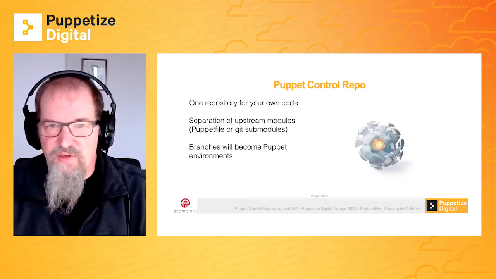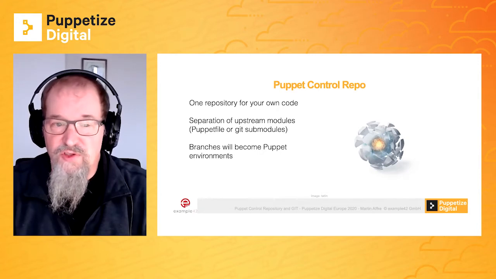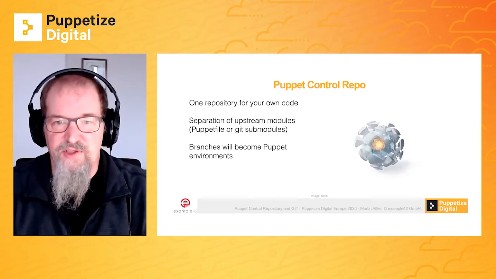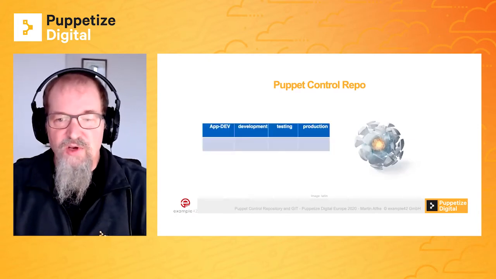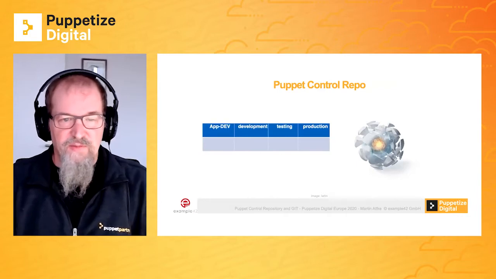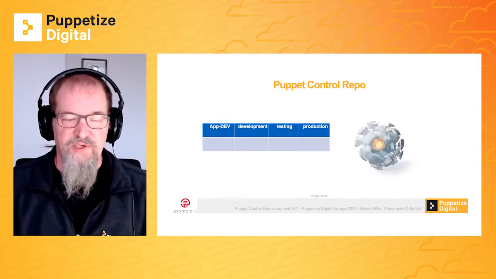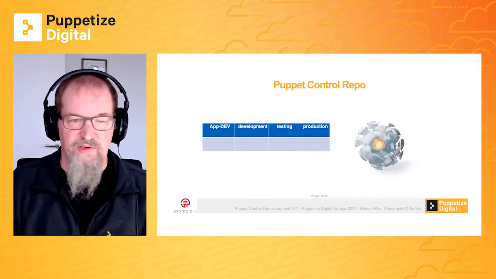Puppet has a default environment called production. And this already confuses people. At least they might feel that they have an understanding, that they say, okay, now I got it. We have something like a production environment, we have something like a testing environment, and we have something like a development environment.